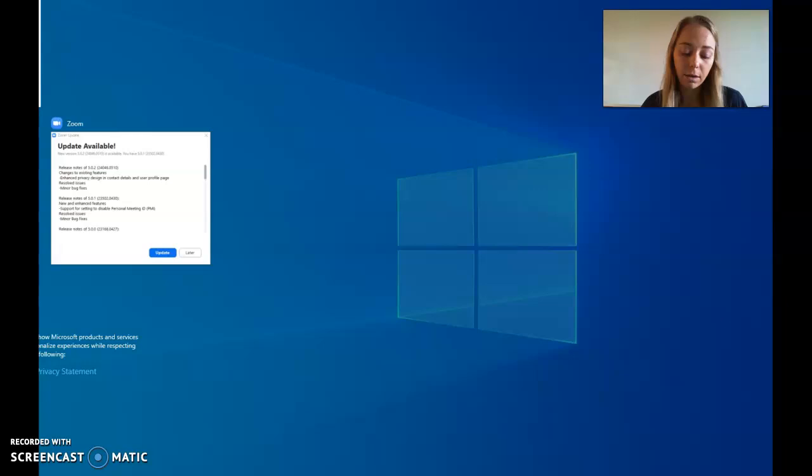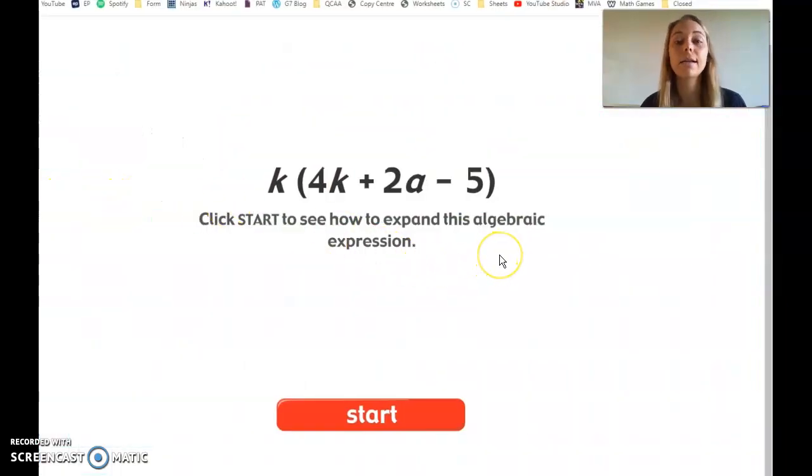Now I'm going to put up this last example. If you want to pause and have a go, you can. There's 3 elements, so it is a little bit trickier, but you do the exact same thing. You are going to multiply the first element outside the brackets, which is k, by every term inside the brackets. If you want to pause it and have a go, then that's awesome.